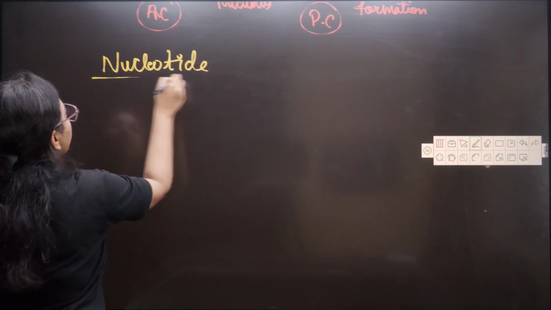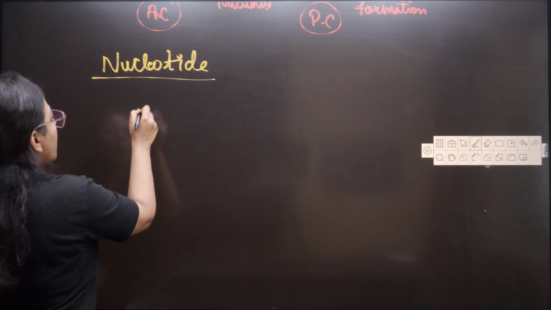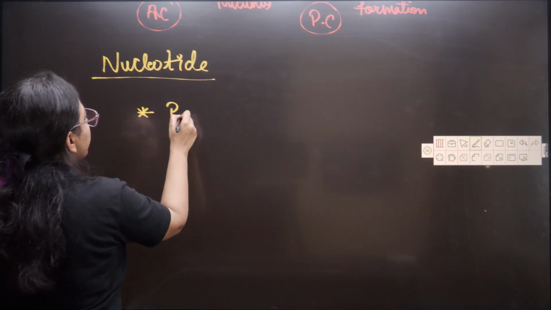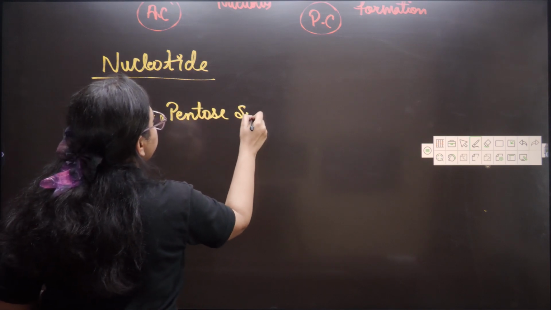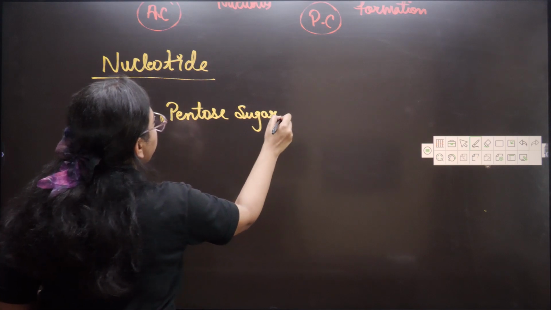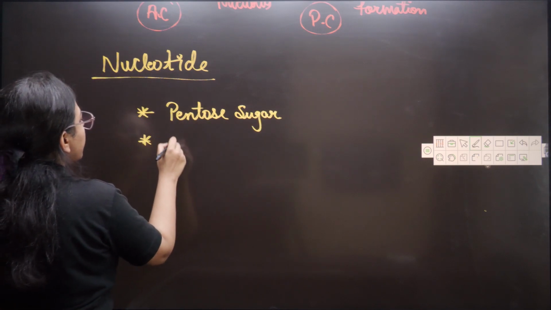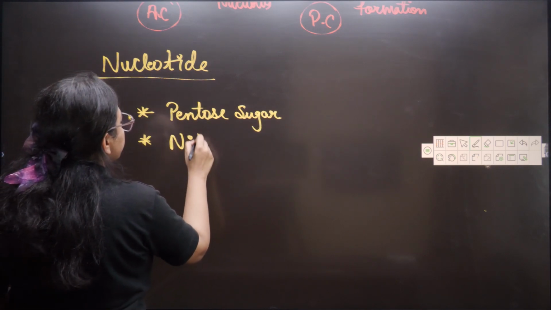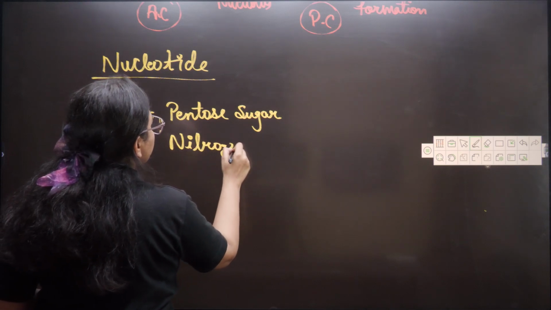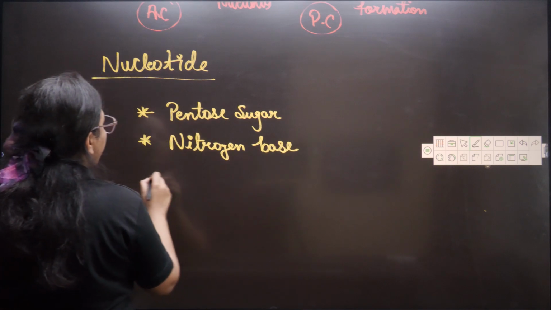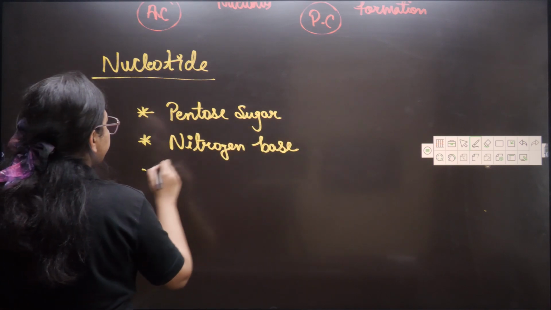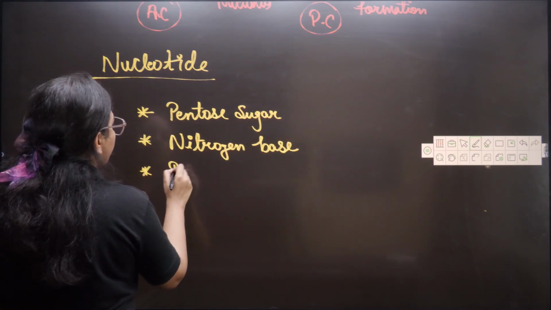In this diagram we have to understand 3 things. One is the pentose sugar, second is the nitrogen base, and third is the phosphate group.